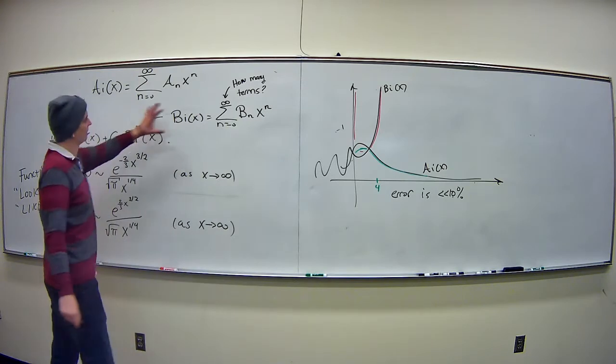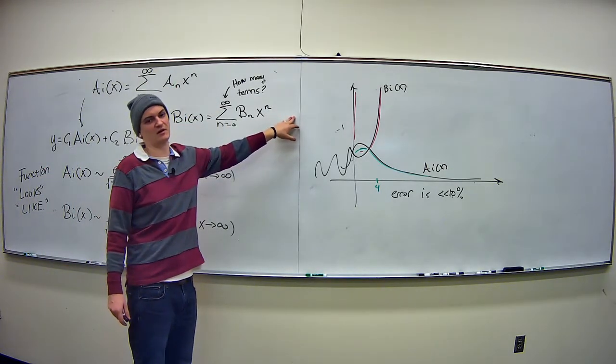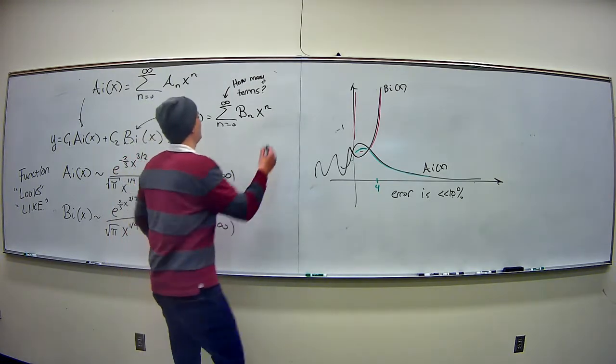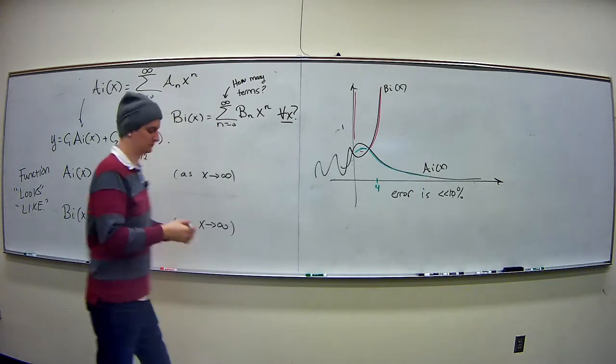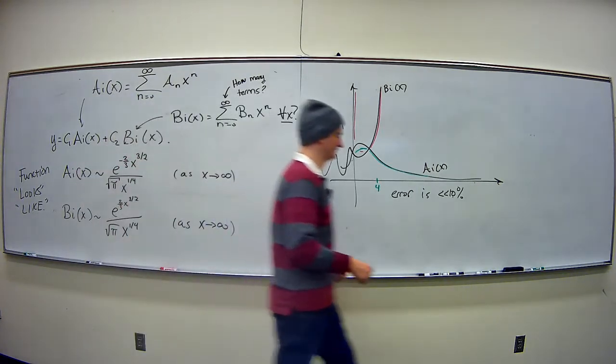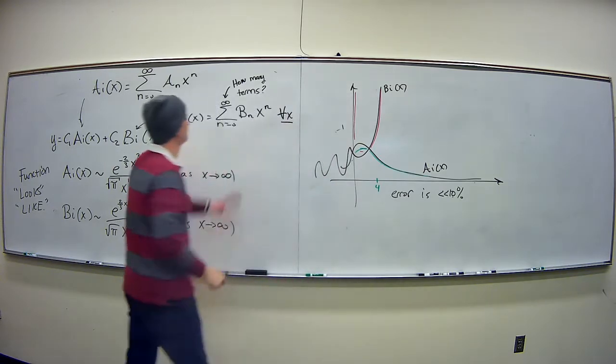So here, notice that I don't have any qualifier for this equality. This is true for any x. Not question mark, it is. It's true for all of them, which makes it difficult.